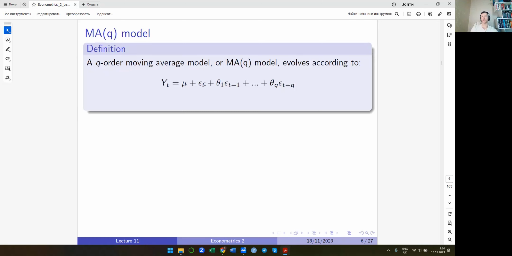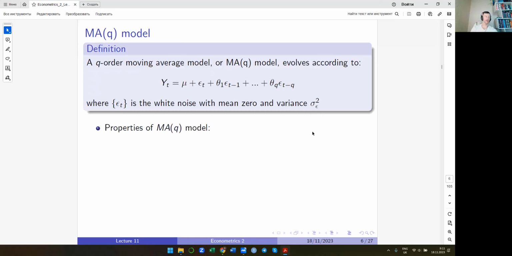White noise at period t plus theta 1 times white noise at period t minus 1, and so on, plus theta q times white noise at period t minus q, q periods before t. And all these epsilons are white noises with zero mean and constant variance.